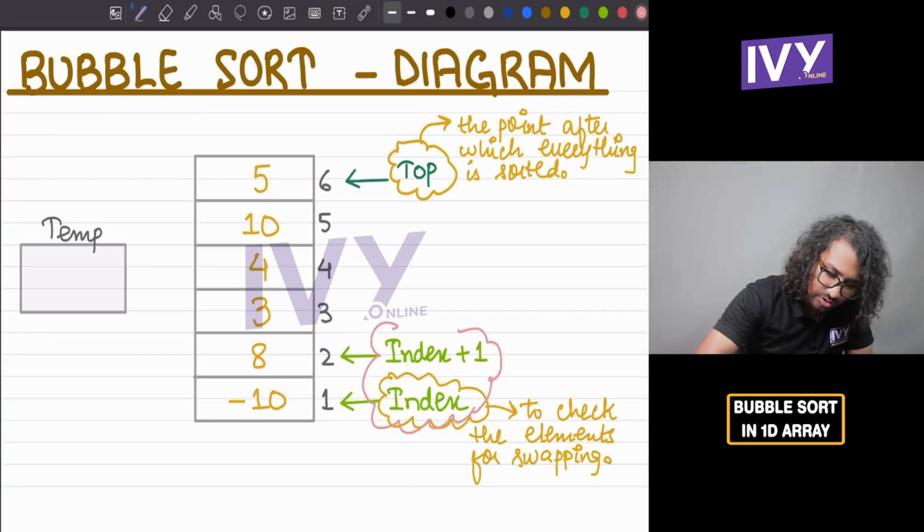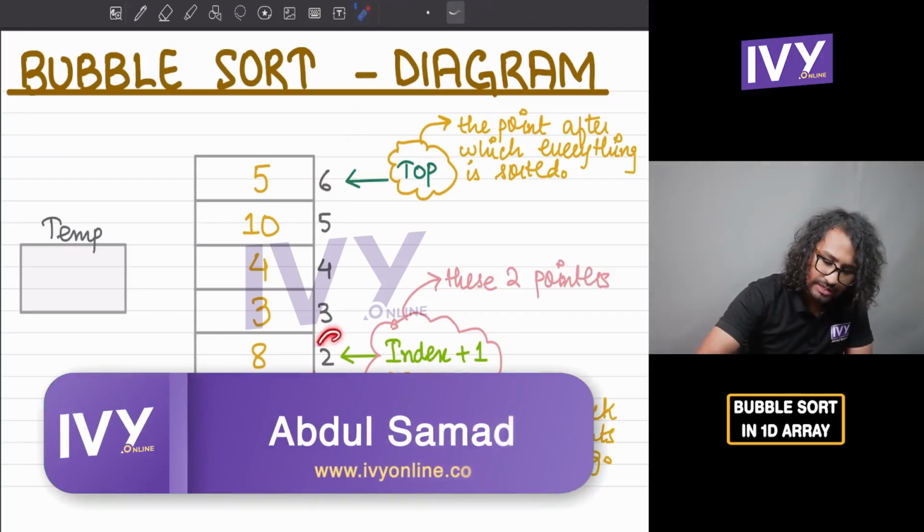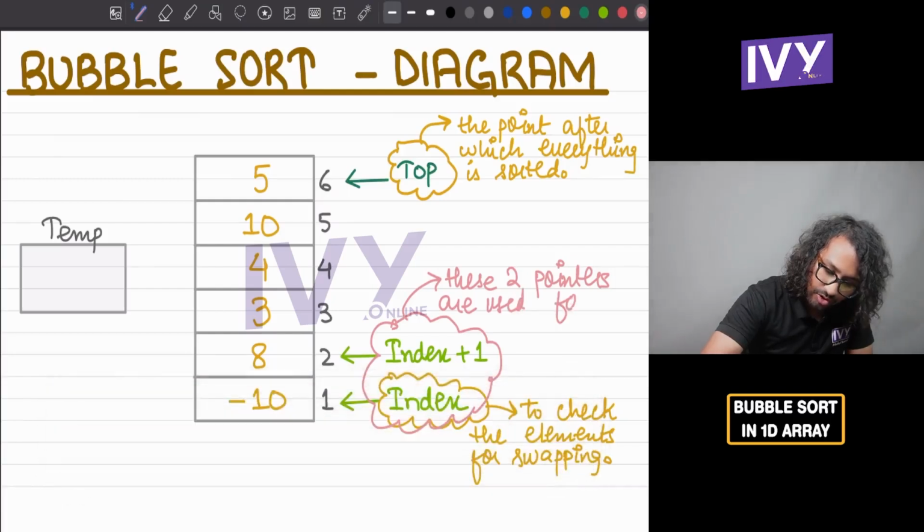So these two pointers, I would say, because they are pointing towards the addresses, are used for comparison.